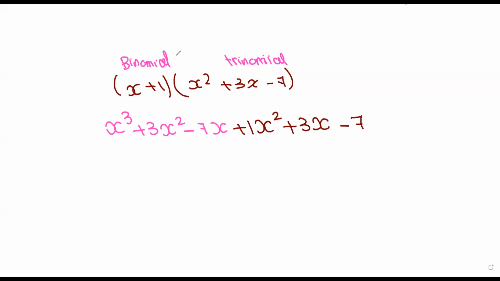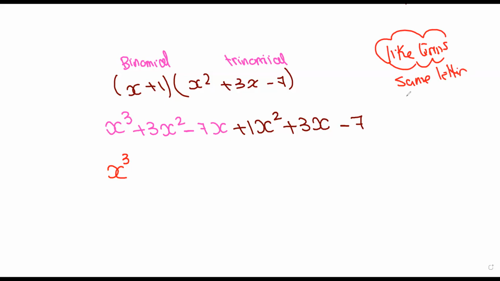Okay? Now what do I do? I don't have to use the highlighter. I will identify like terms. x power 3. Again, I emphasize that like terms are terms that have the same letter, and the letters must have the same power. The letters must have the same power.